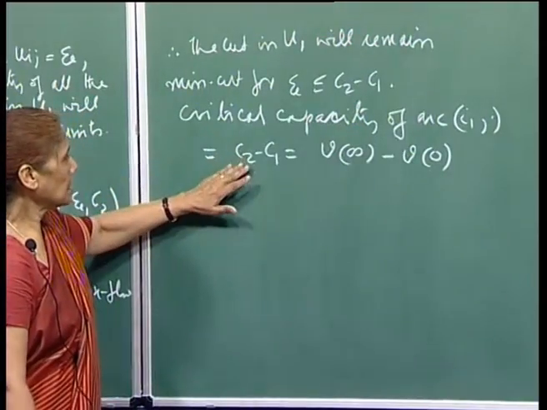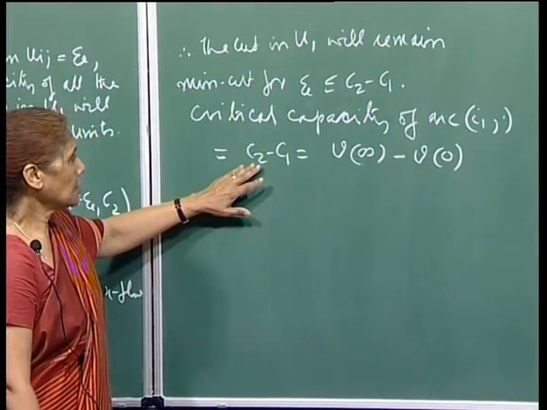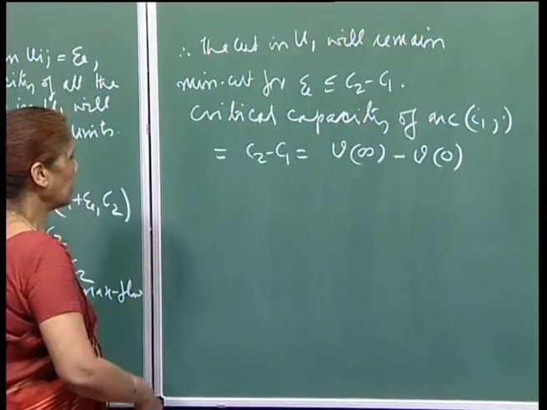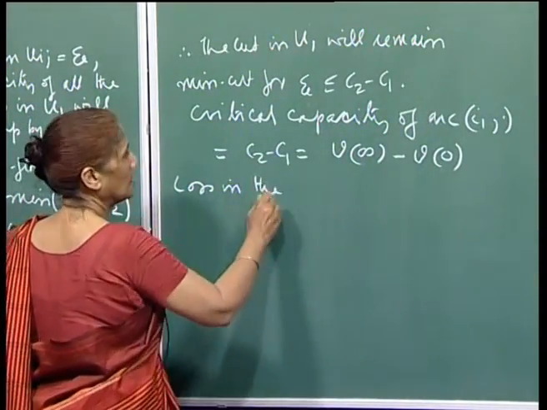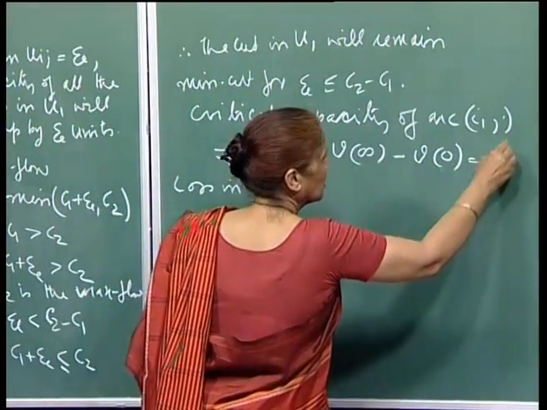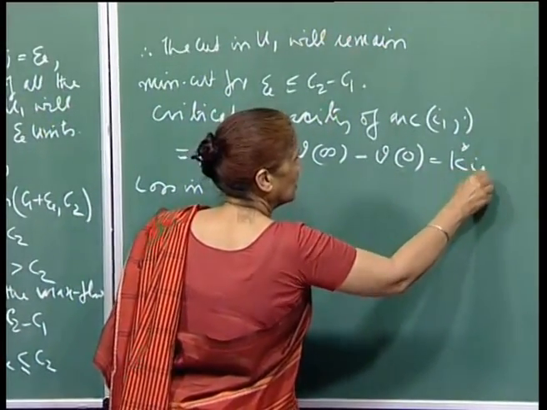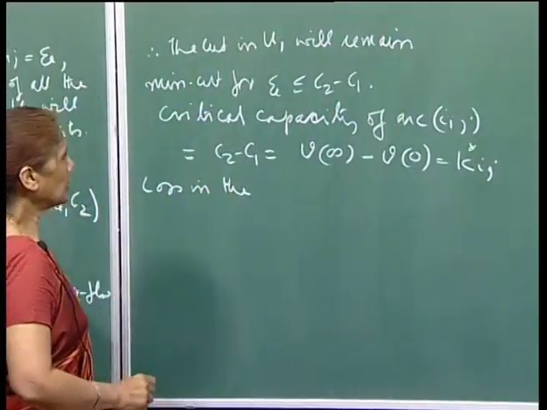So, the critical capacity, and then the question is what would be the loss in the max flow. This you can also call K star ij. We call it the critical capacity.